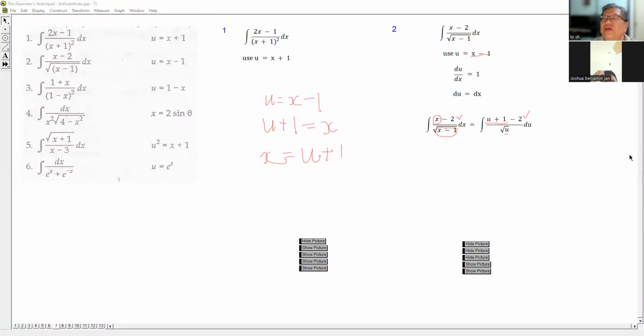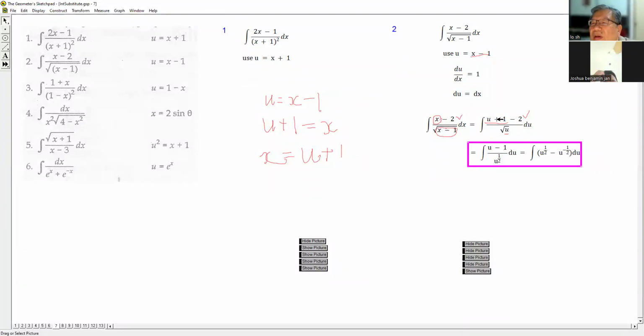Okay, right. So I change all the x to u. The x, I change to u. X minus 1, I also change to u. But this is square root of u. Now it becomes like that.